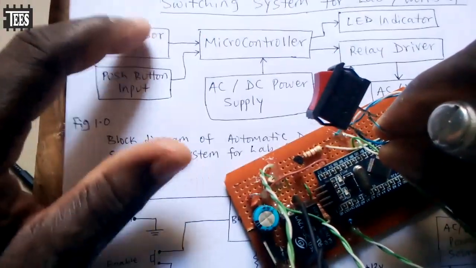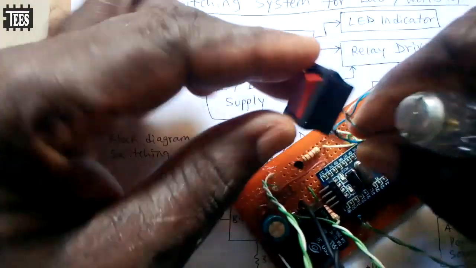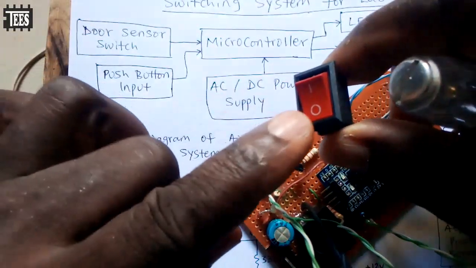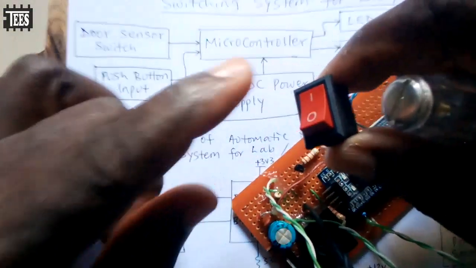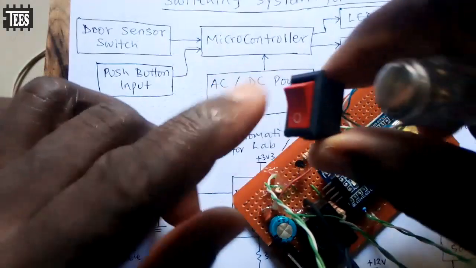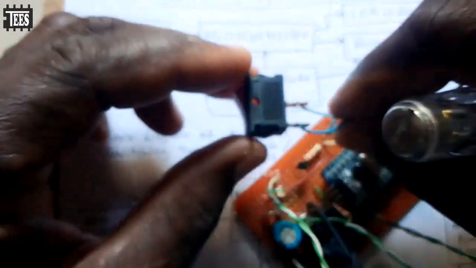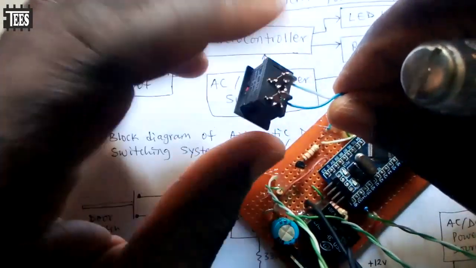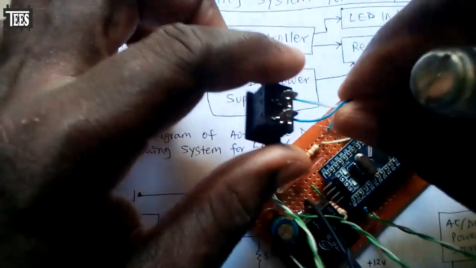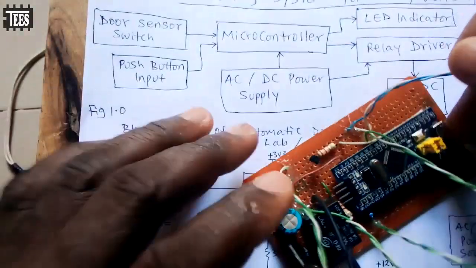So I put this to represent the door sensor. This action means that the door is open, and this action means that the door is closed. I'm just going to use this to explain the circuit, and I'm still going to replace it with the actual door sensor. Then I have a push button.